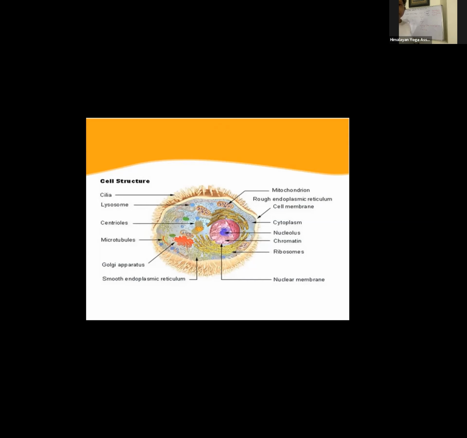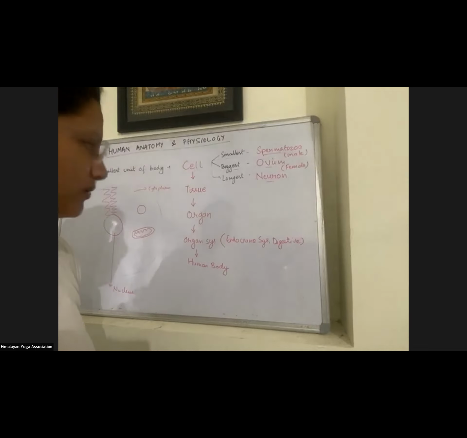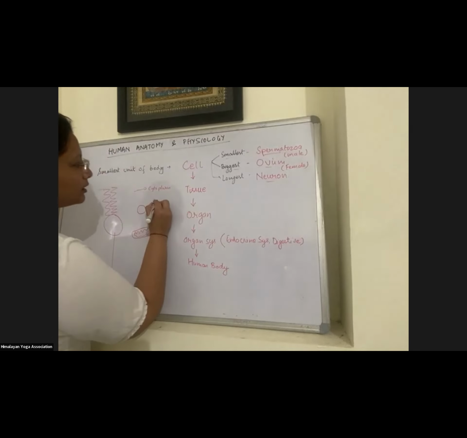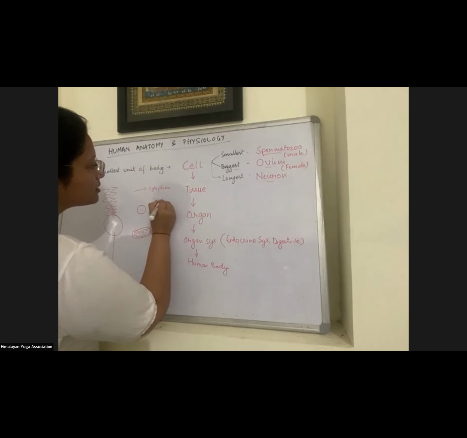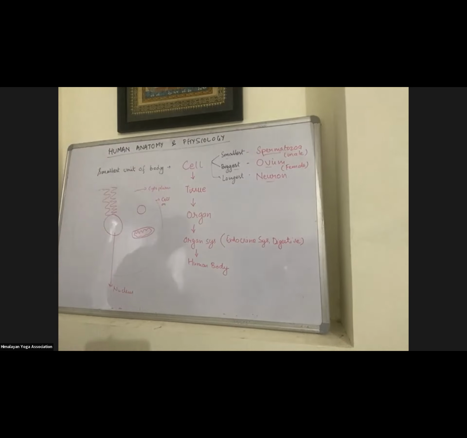Okay, so that was a complicated structure of a cell. Here I have drawn a simpler version. This is the cell membrane. You can take a screenshot of this.